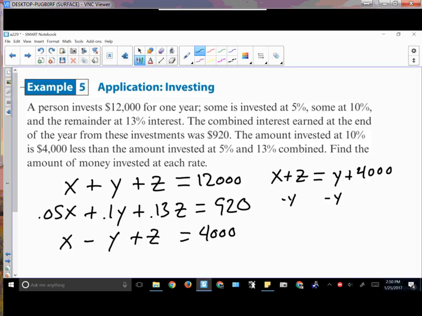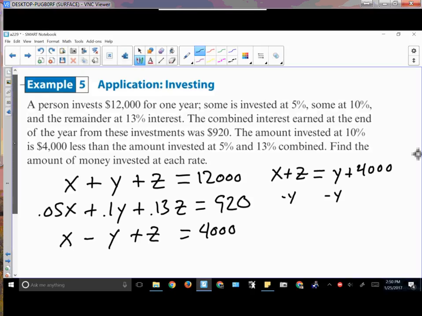So, which ones should I get rid of? The x's, the y's, or the z's? I kind of like the y's because I got that negative in there. Okay.